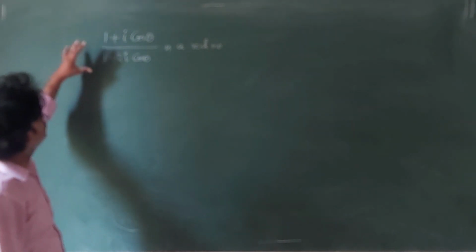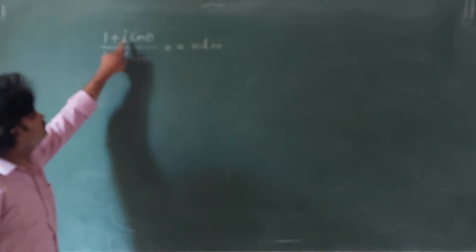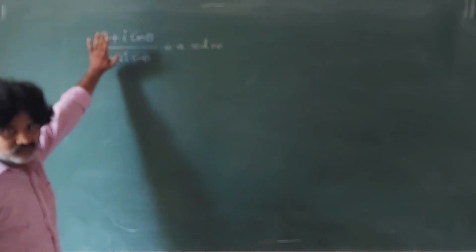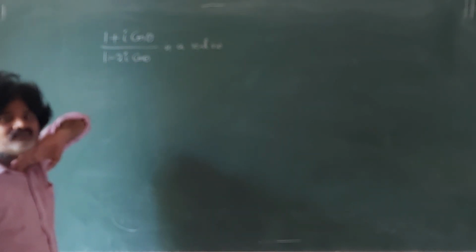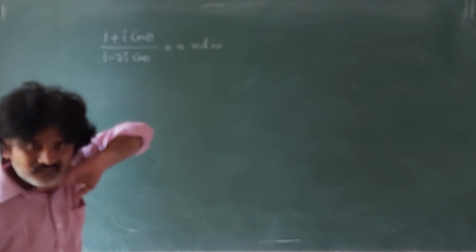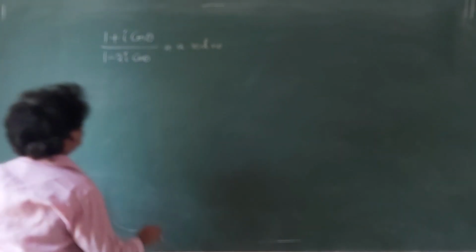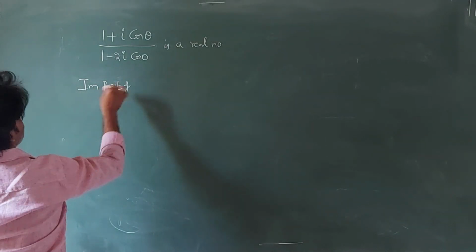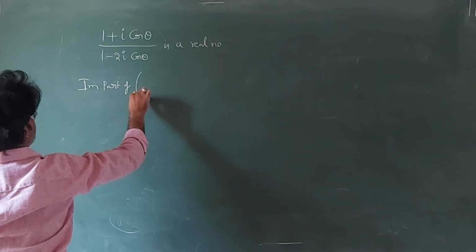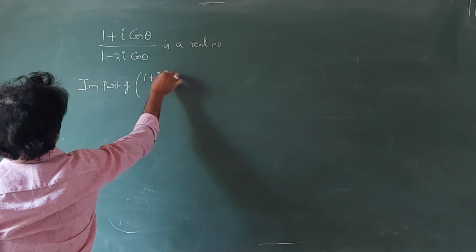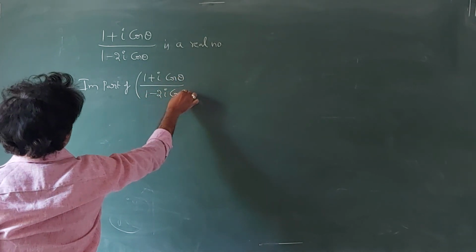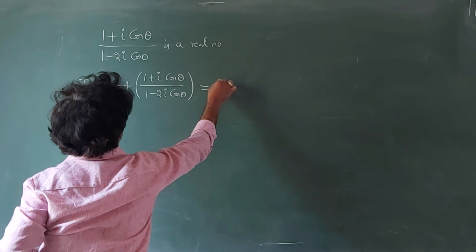First important thing: this is clearly a complex number, i appears. They say it is a real number. So if this complex number is a real number, its imaginary part must be what? Right, 0. Simply, the imaginary part of this entire complex number is 0.